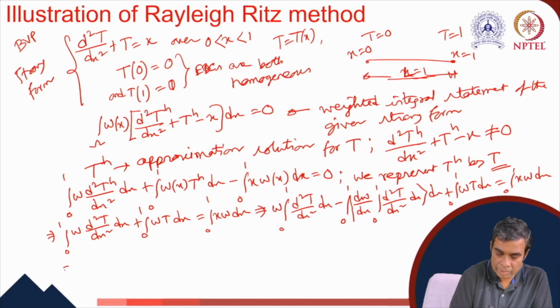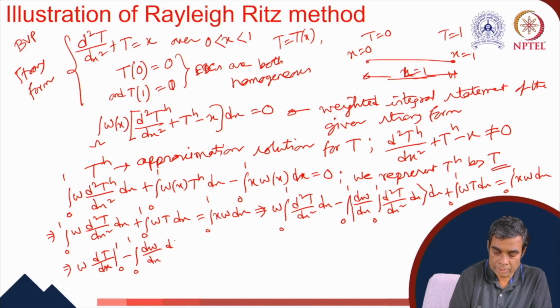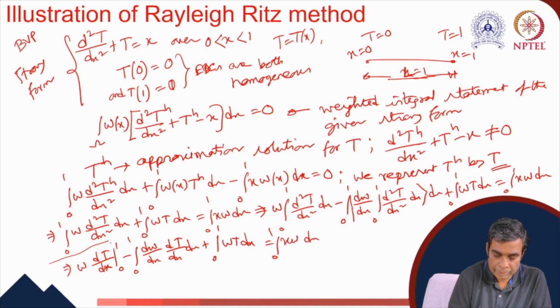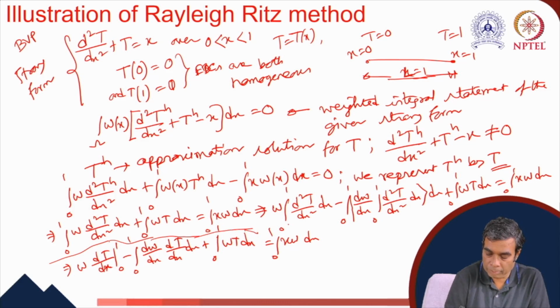Then we can simplify it as w into dT/dx, which is going from 0 to 1, minus integration 0 to 1 dw/dx dT/dx dx plus integration 0 to 1 wT dx equals integration 0 to 1 xw dx. Now, this is the desired weak form for this particular strong form.